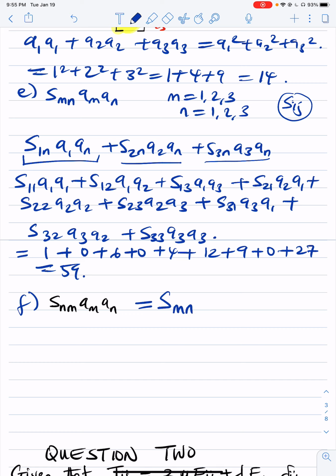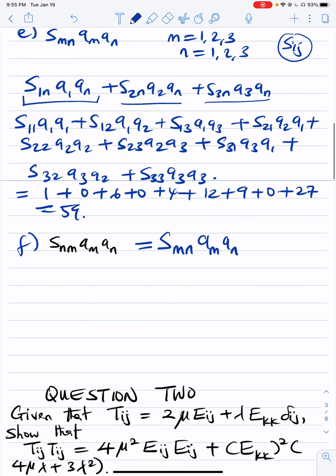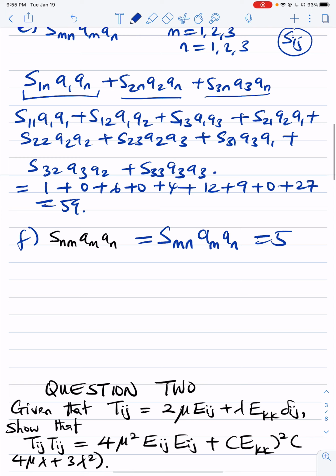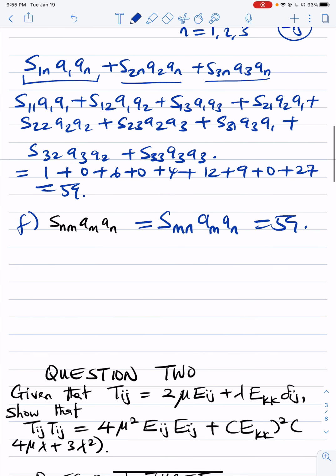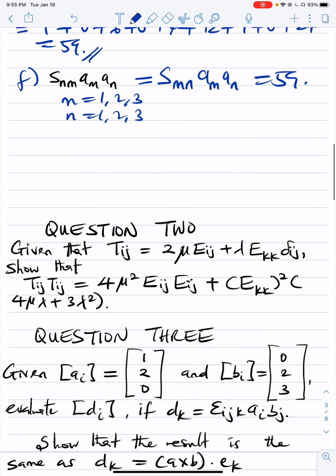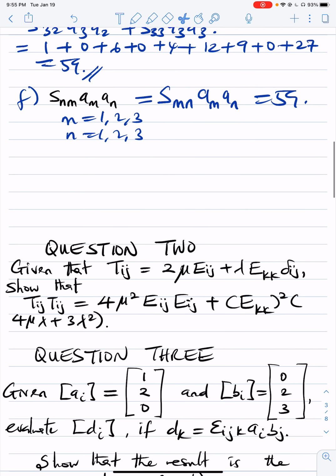SNM equals this for this part. AM AN gives you 59. You can verify too, if you go through the whole steps, in the sense that you pick M from 1, 2, and 3, then N from 1, 2, and 3. If you do that, you will get the same answer. Yeah, that makes sense. Okay, so we're going to do question 2.